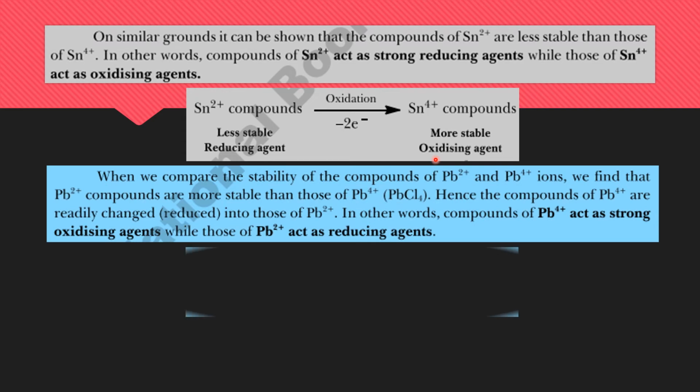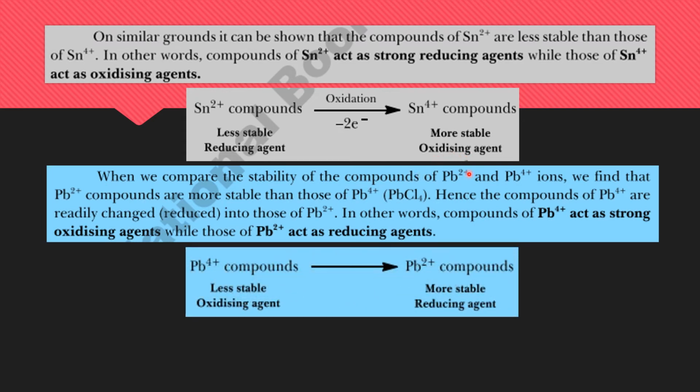But now when we come to lead, here the behavior changes. The stability of the compounds of lead in the +2 and +4 oxidation states shows different behavior. +2 oxidation state compounds of lead are more stable, and +4 oxidation state lead compounds are less stable.